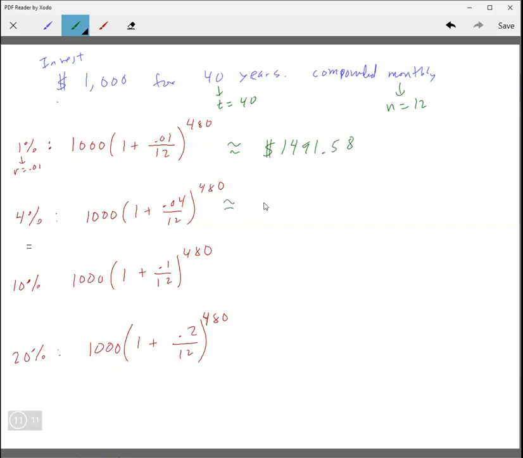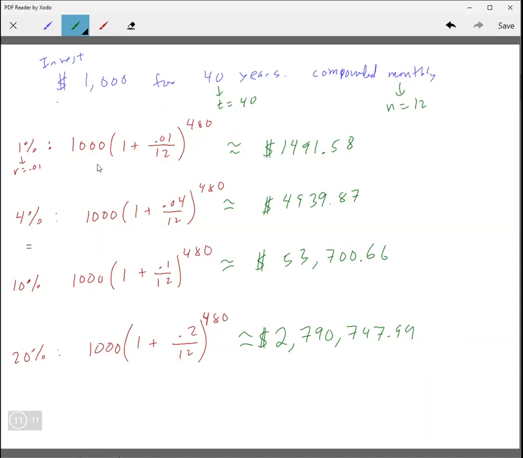The second one was $4,939.87, and the third one was $53,700.66, and then the last one was $2,790,747.99.